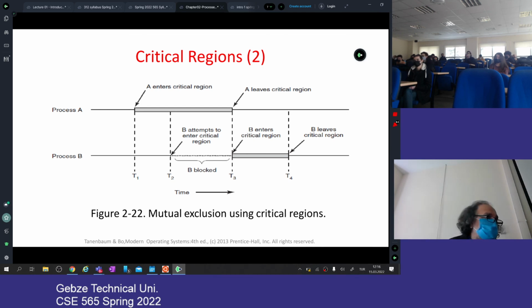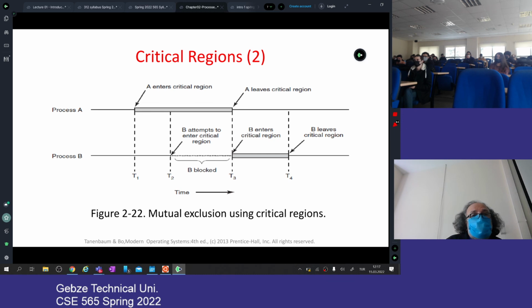It might be a solution, but there is a very bad problem with this approach: that's a privileged instruction. Process A cannot disable the interrupts because it's a user-level process. Disabling the interrupts can be done by the kernel only.